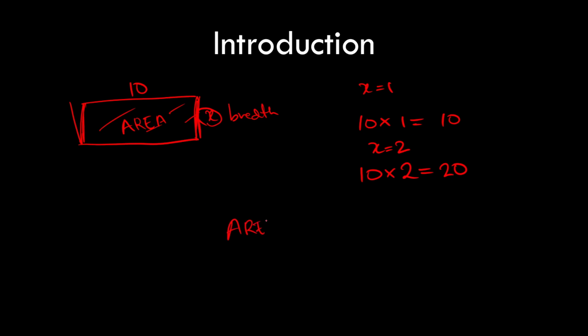For example, if we put x equal to 1, then the area will become 10 times 1, which is equal to 10. Similarly, if we put x equal to 2, then it will become 10 times 2, which is equal to 20.